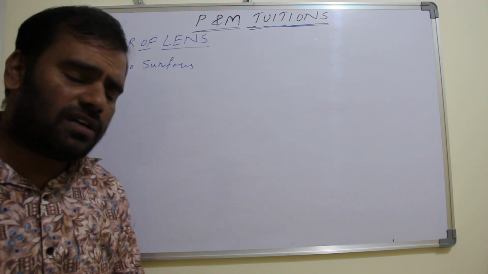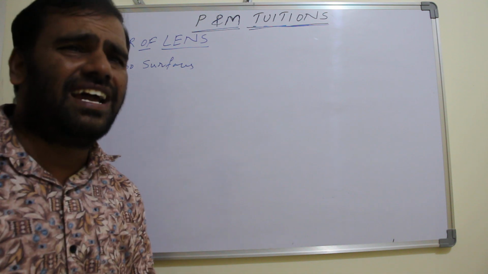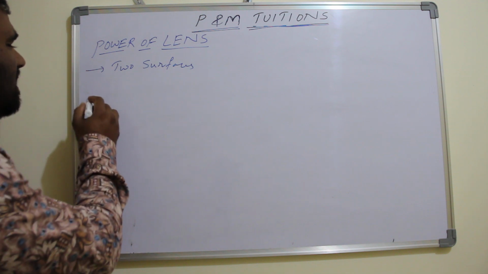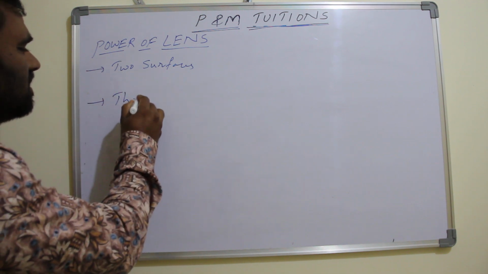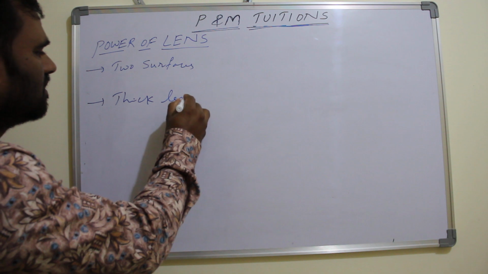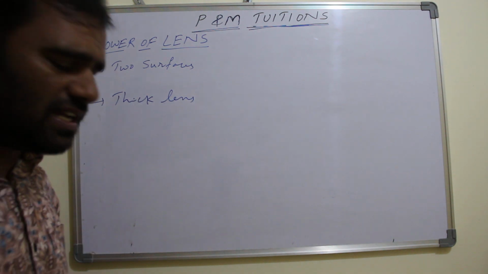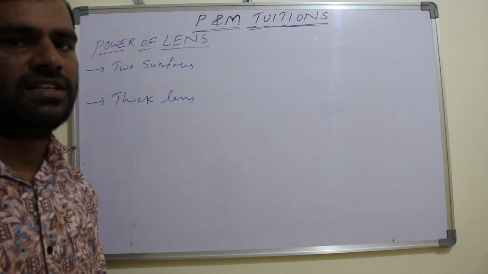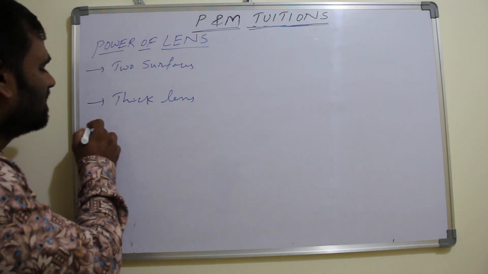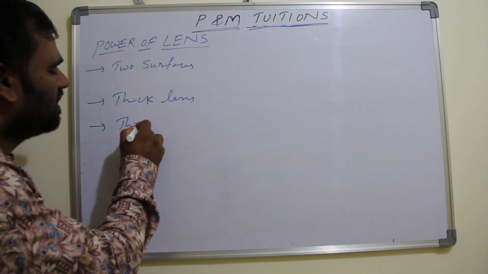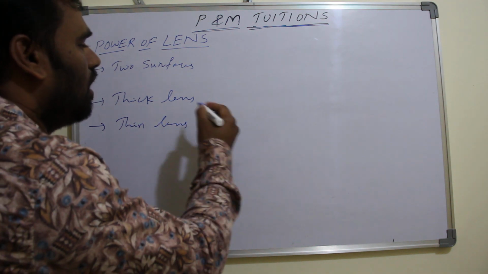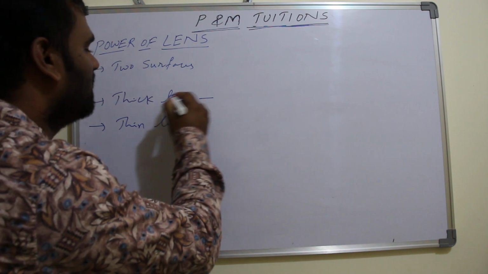Now, what about a thick lens and a thin lens? What will happen to the focal length of a thick lens?